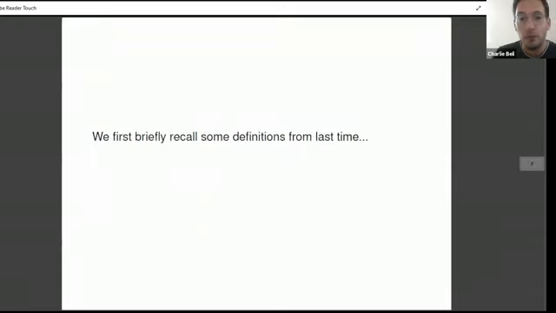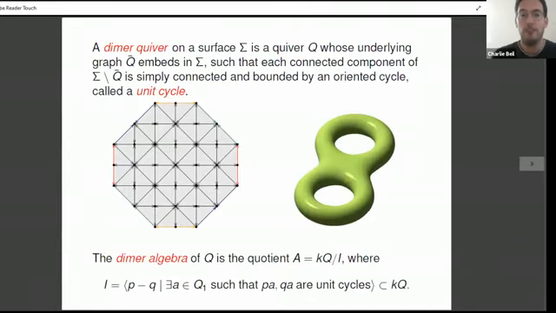Okay, so first we review some definitions from last time. A dimer quiver on a surface sigma is a quiver whose underlying graph, Q bar, embeds in sigma such that each connected component of the surface minus the graph is simply connected and bounded by an oriented cycle called a unit cycle.